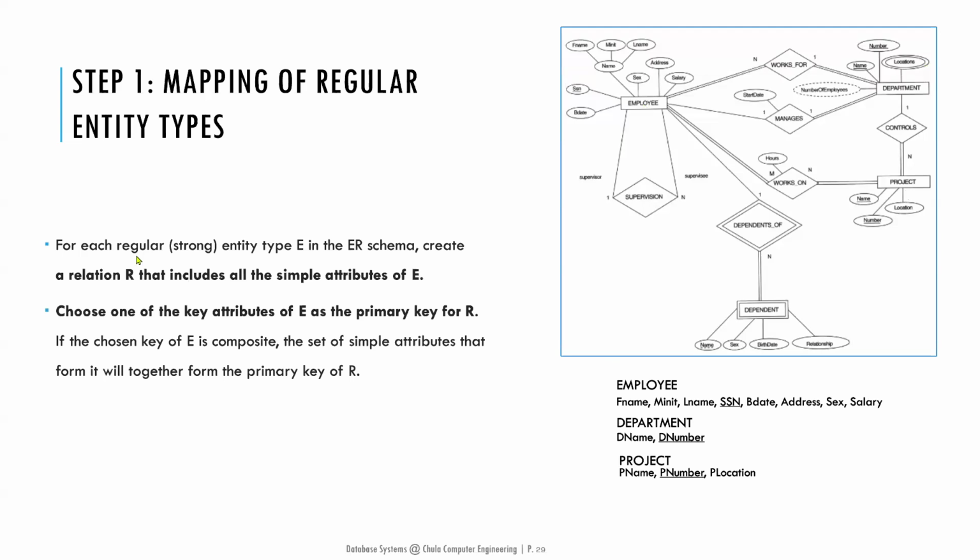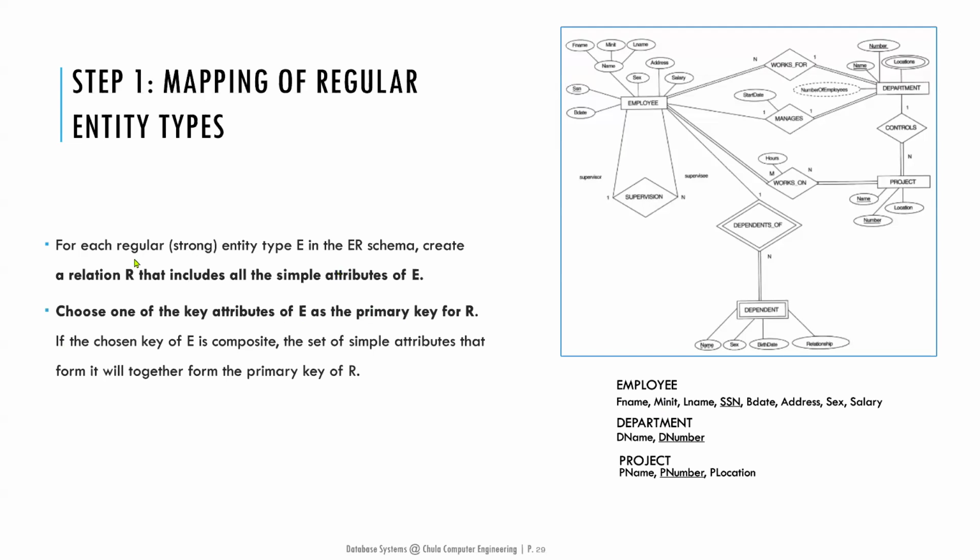For the first step, you take a look at the strong or regular entity type. You list out the name and then you list out the attributes of that particular entity. The next step is to choose one of the key attributes of that entity as the primary key for that relation R. If the chosen key of E is composite, then the simple attributes that form it together form the primary key of R. What I'm saying is that it does not have to be just one particular attribute; it can be a composite key as well.